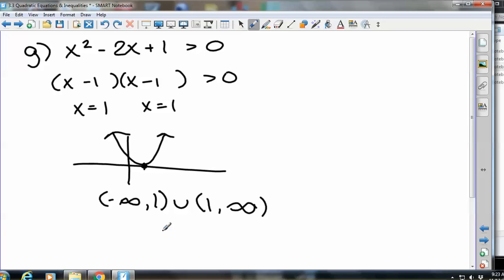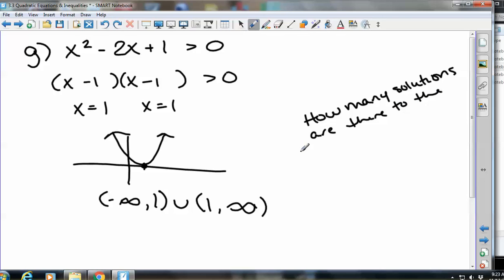Any questions here? What if I asked you, how many solutions are there to the equation f of x equals 3, right here. f of x is the same as y, right?